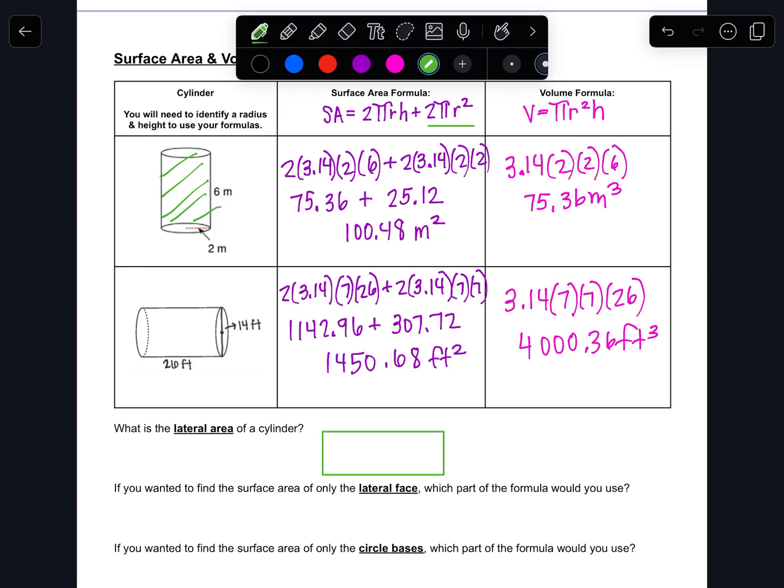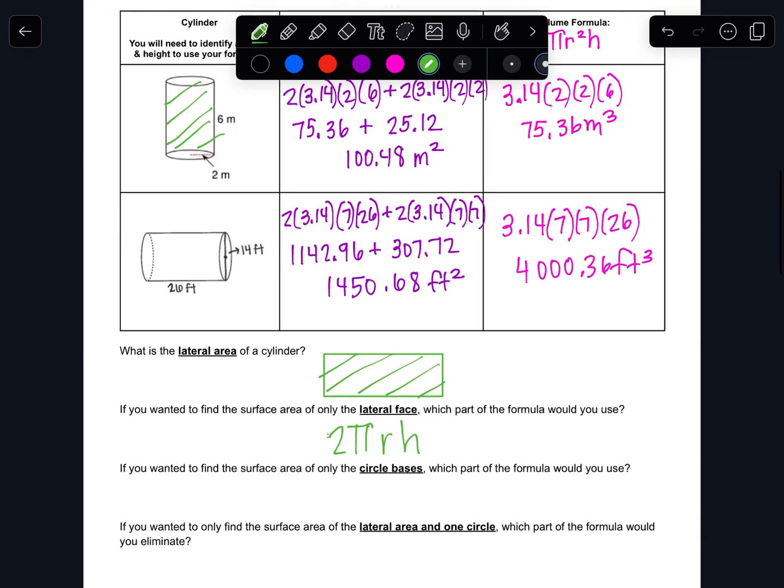So when we are considering only this rectangular face, we only have to consider the lateral area of the rectangle in that cylinder. We don't have to consider the circle on the top and the circle on the bottom. So when I'm considering doing that surface area, I only have to consider 2 pi r h.